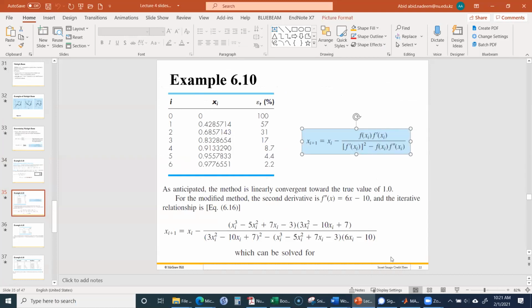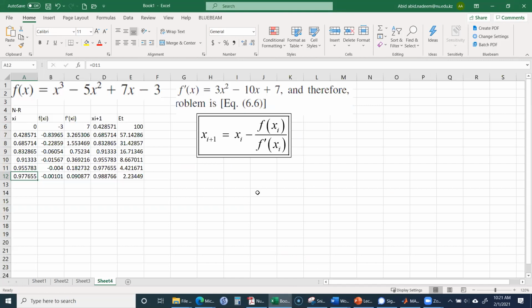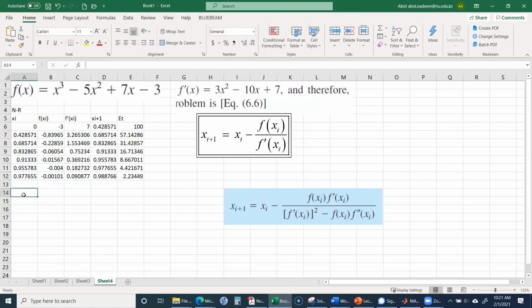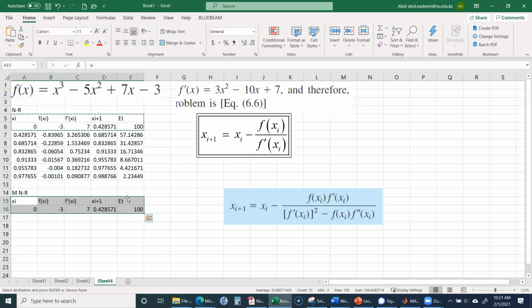Now, if we want to apply the modified Newton-Raphson method, we can also do that in Excel. For this I need one more thing: f double prime of xi. I can take these values here.